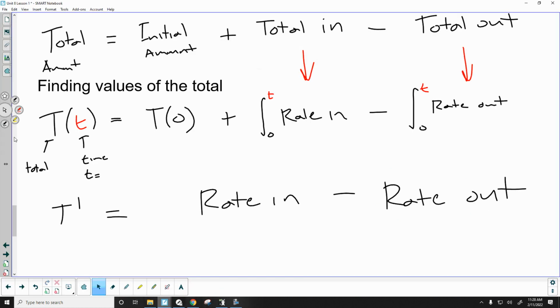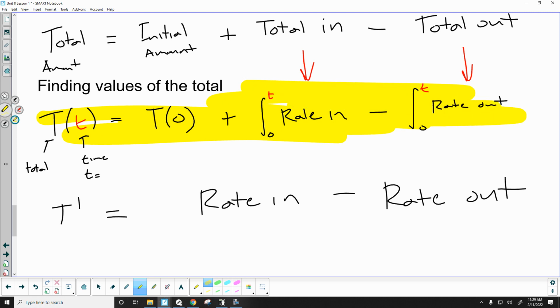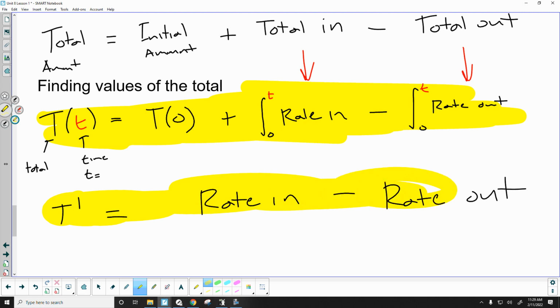In your notes, you circle these two equations. This is all that you need to know. And it's the only thing different about this from last unit is the fact that there are two velocities. Then you have to subtract the out from the in to give you an overall velocity. This is it. Okay?